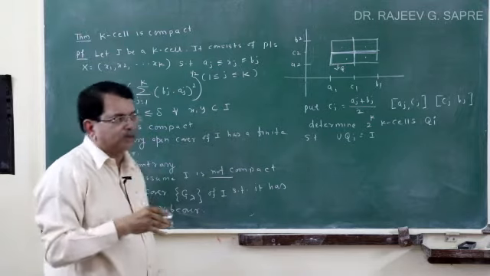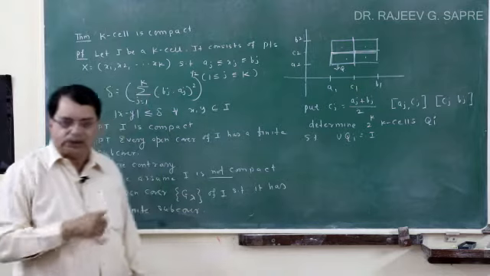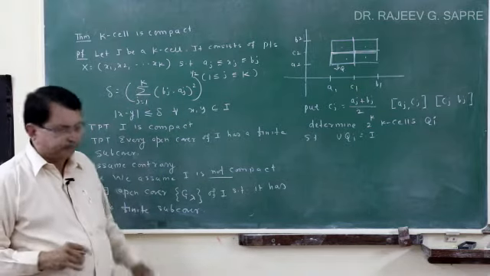Understood? If we do not assume this, then everything is covered by finitely many subsets, which is a contradiction to your assumption. Okay.